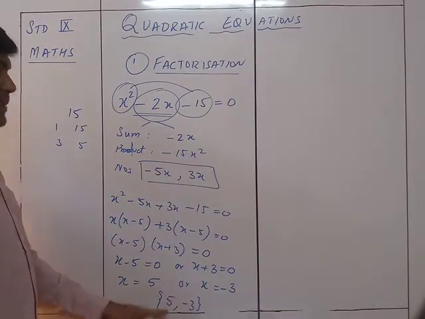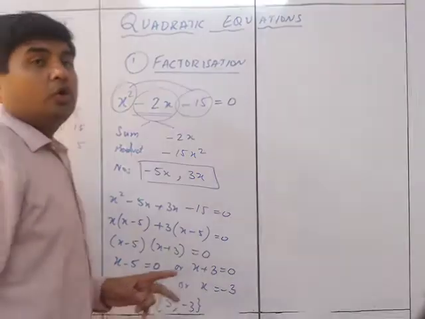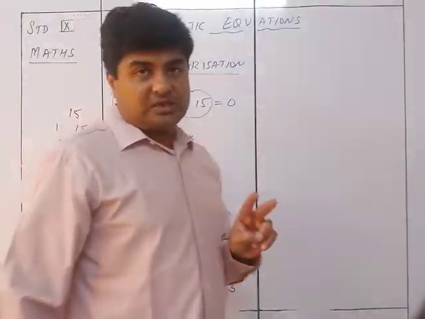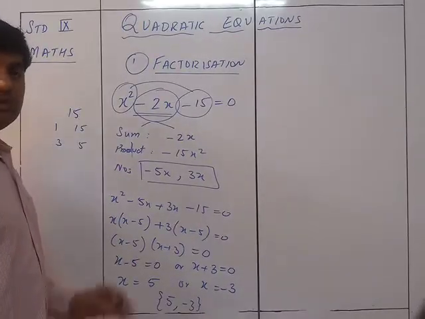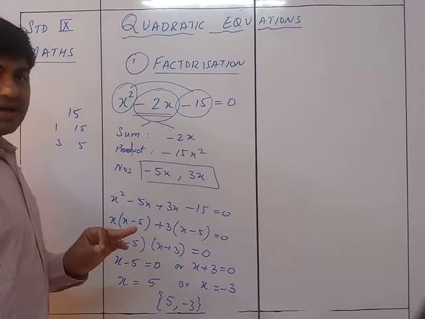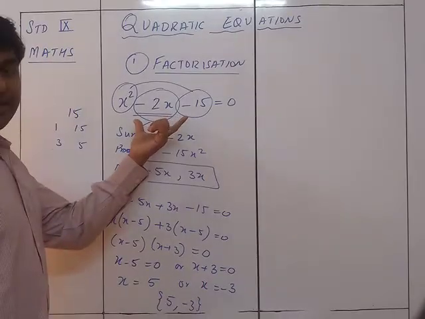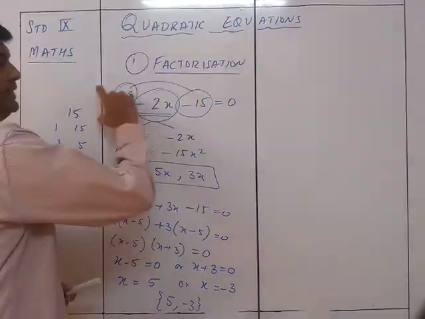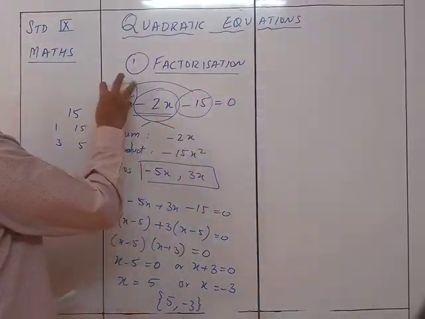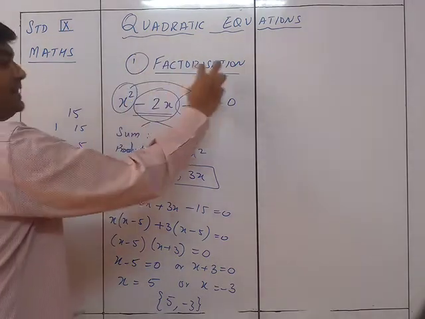So you can see that in a quadratic equation, you will always get two answers, and those two answers will be the solution to your quadratic equation. The most important thing over here is that whatever quadratic equation is there, you are first of all going to make it in this particular format of ax square, then x, and then c.